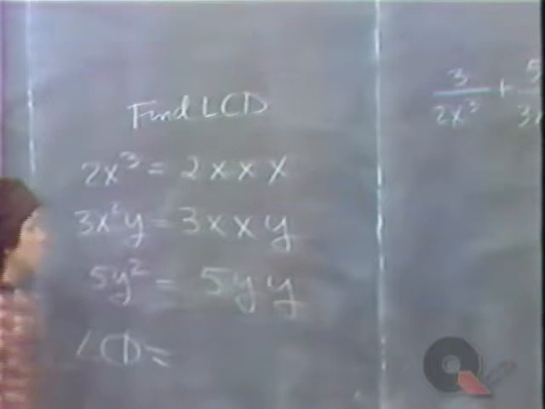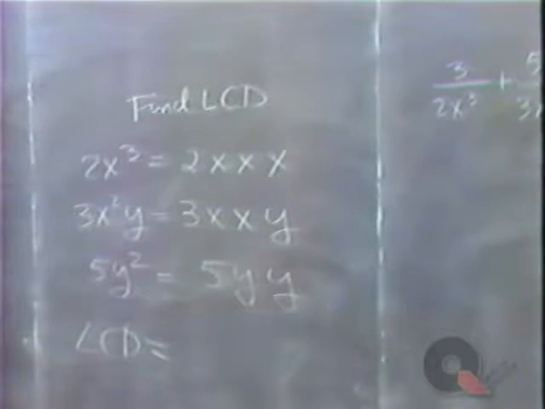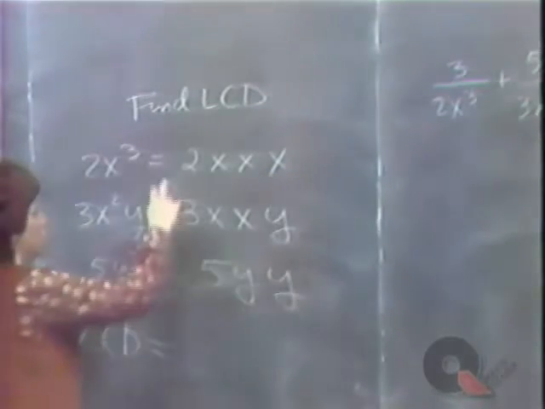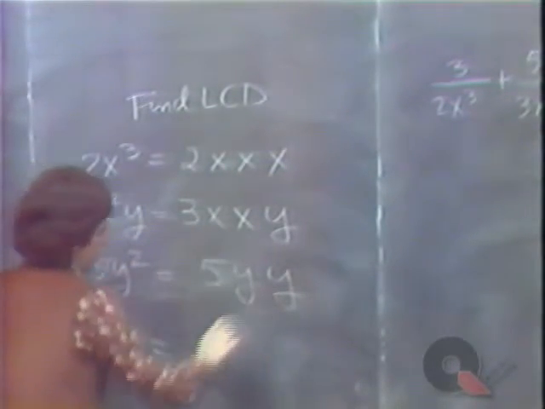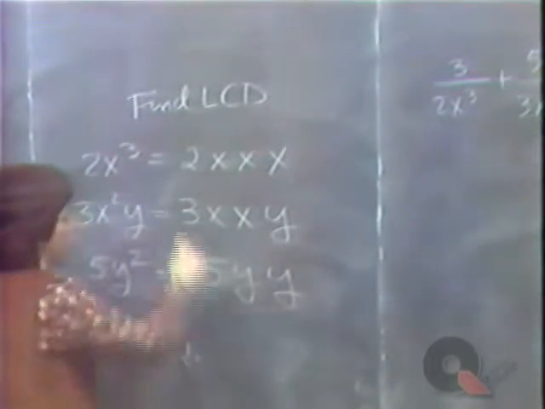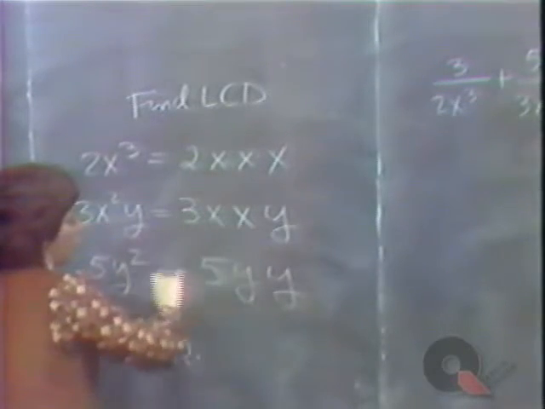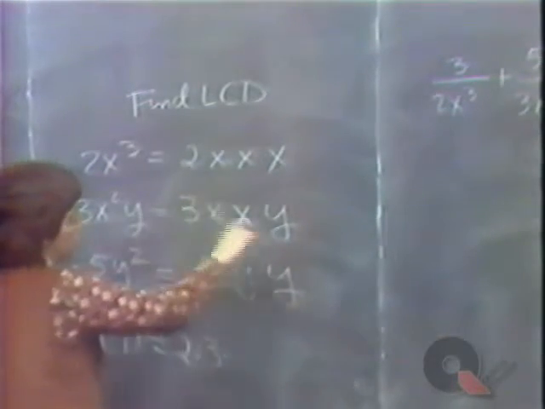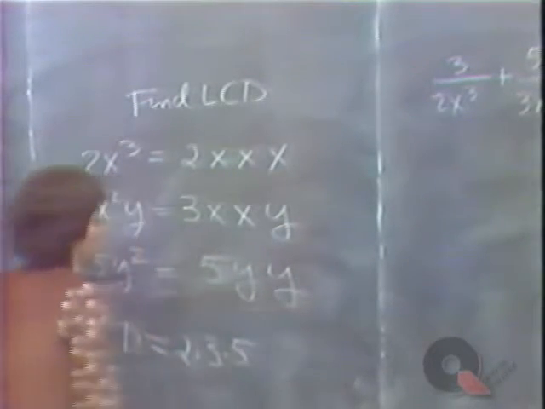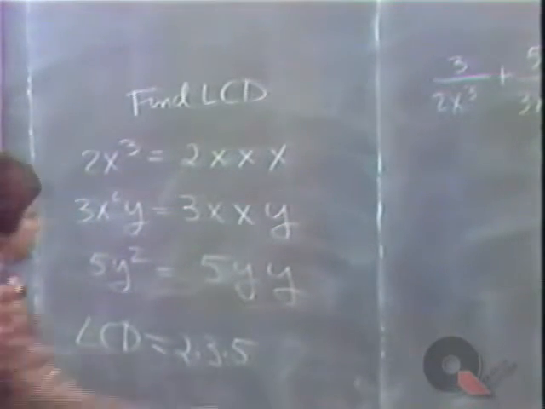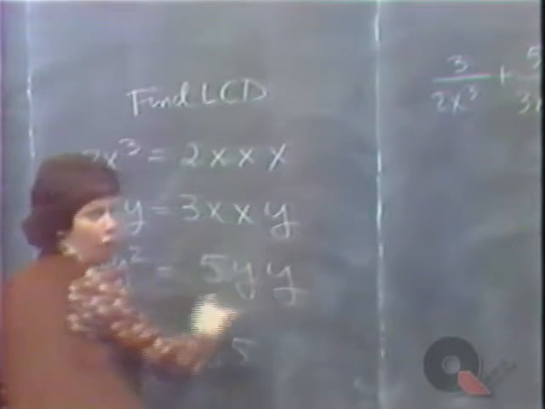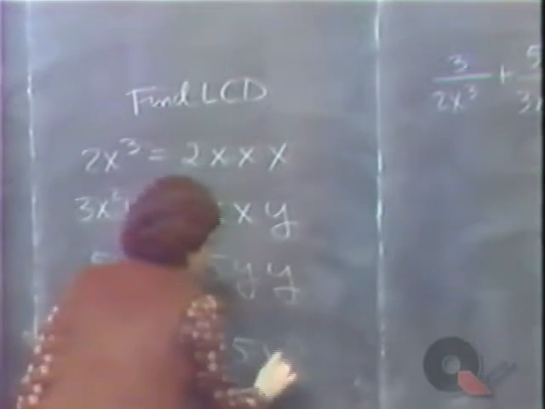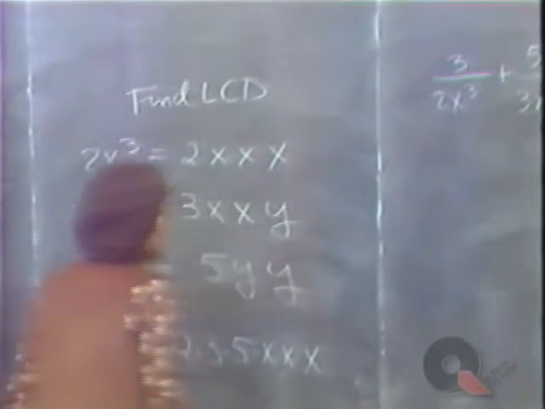The LCD, we take each factor, the largest number of times it appears in any one denominator. The 2 occurs once, no time, so put it down once. 3 occurs no times, 1 time, no times, we put it down the 1 time. 5, no times, 1 time, we put it down the 1 time. X, 3 times, 2 times, no time, we put it down the 3 times.